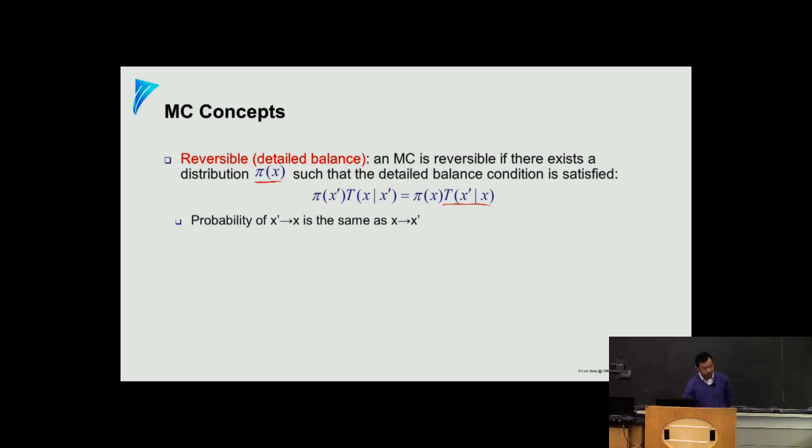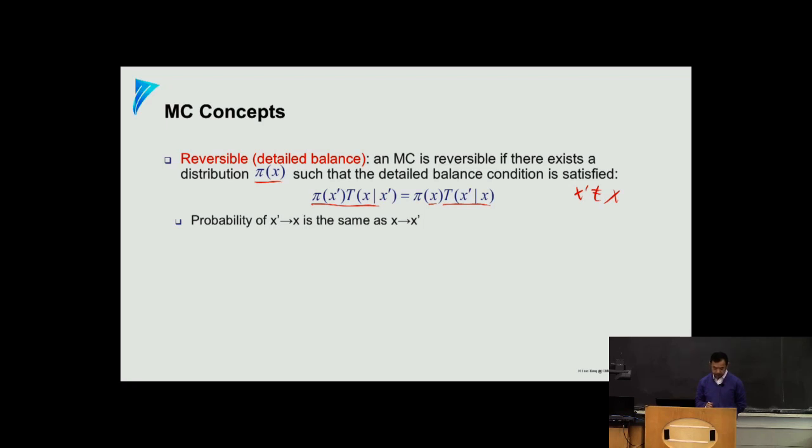It means that if you start from X and apply a transition conditioning on X, that will get you to a distribution that is the same as if you start from X prime, where X prime is just another state different from X in the range of X, and transition using the kernel conditioning on X prime instead.